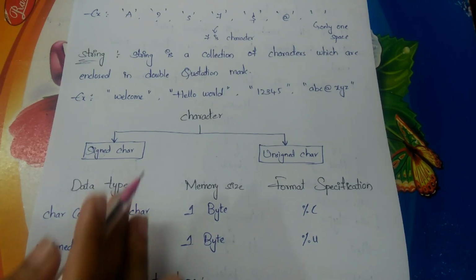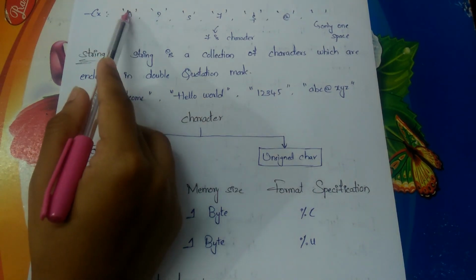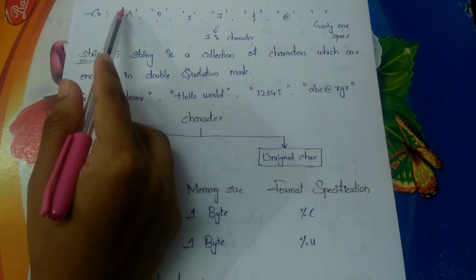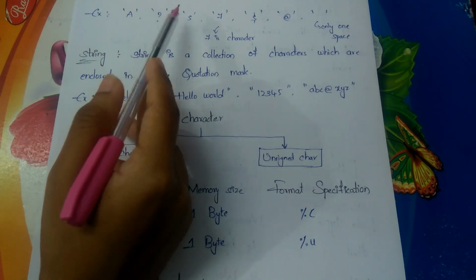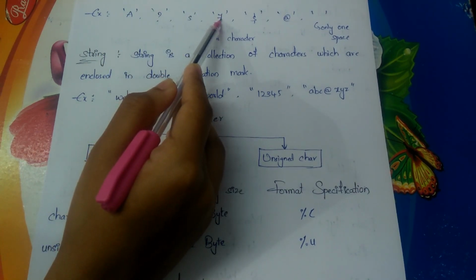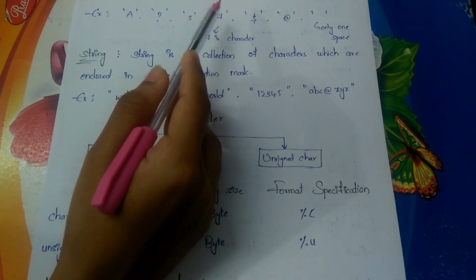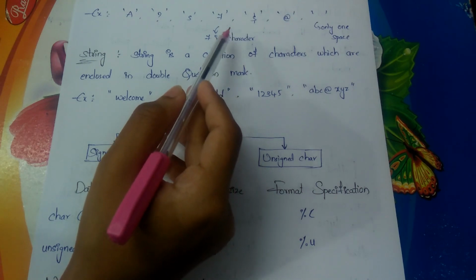Examples for the character: we know that we denote characters in single quote marks. The first one is A, and special symbols can also be called characters, like the question mark, S, and 7. 7 is an integer, but when we use the char data type and mention it within single quotes, it comes under character.